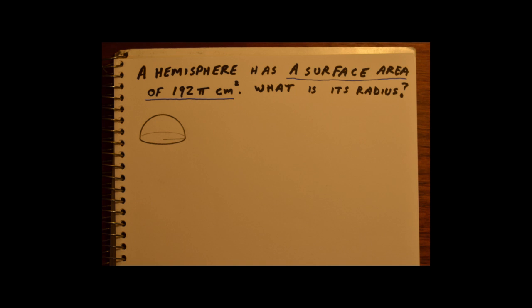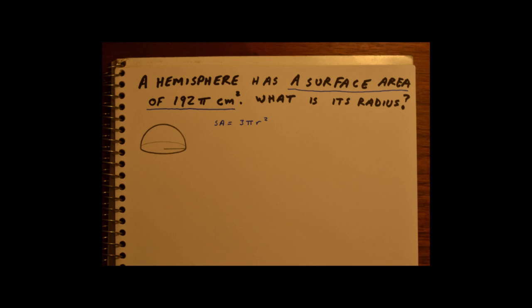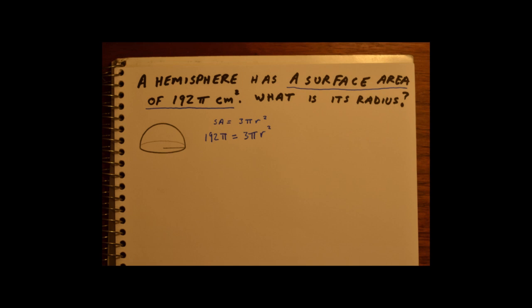So recall, the surface area of a hemisphere was 2 pi r squared plus pi r squared, which simplifies to 3 pi r squared. And then all we have to do is use that formula and work backwards to find the radius. So we have 192 pi equals 3 pi r squared. We'll divide by 3 pi, and then we'll square root both sides to get a radius of 8 centimeters.